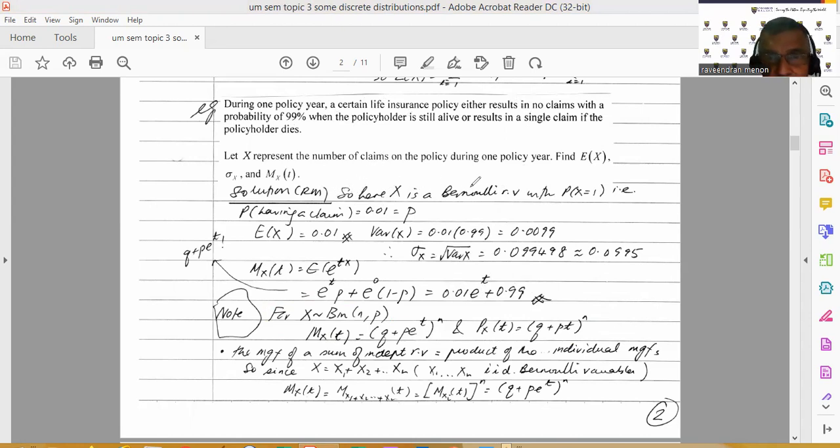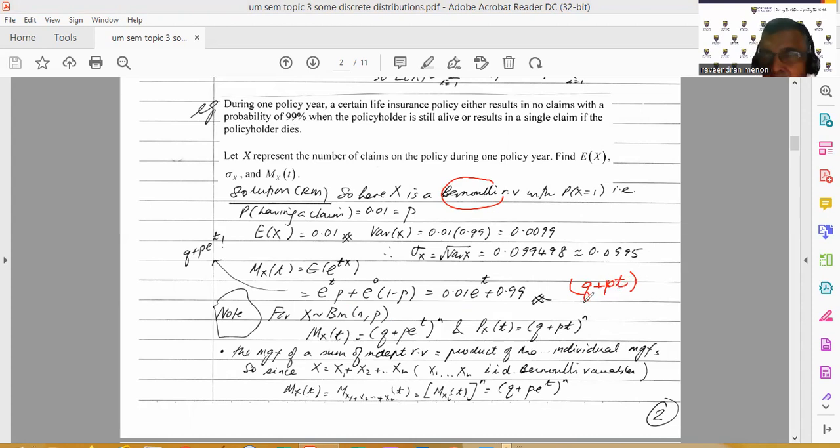We are dealing with a Bernoulli distribution here, which means your number of trials is how many? Just one. So it'll be q plus pt, where n is equal to 1. So you get the answer straight away if you know this. q you know is 0.99, p you know is 0.01, and we have got the answer straight away.